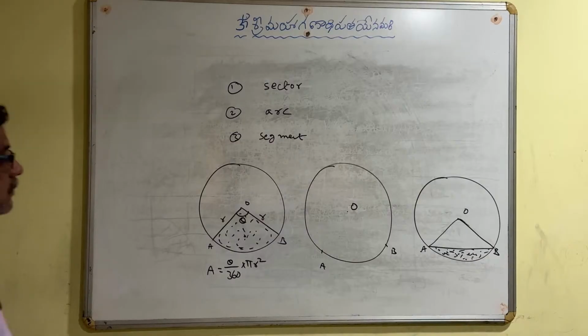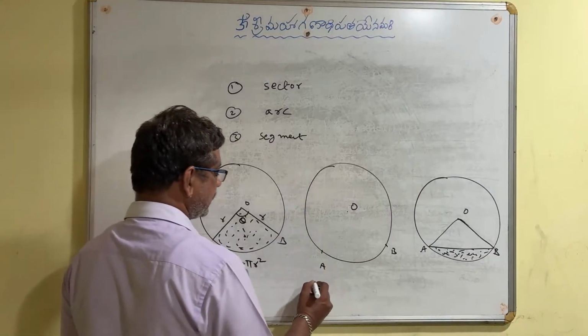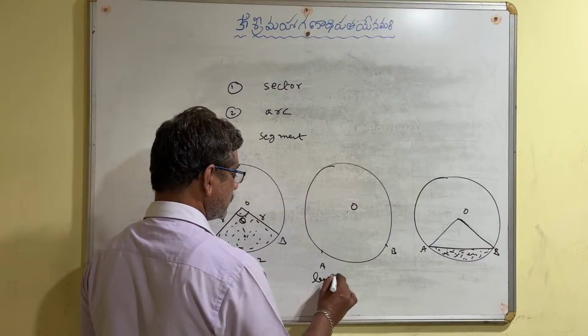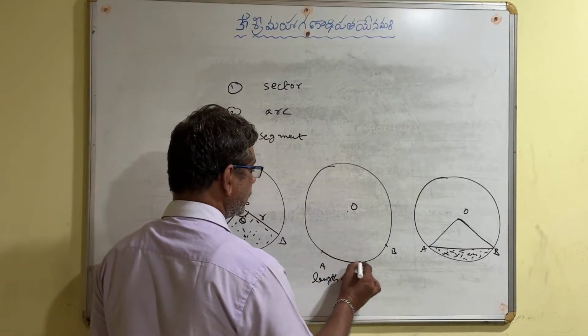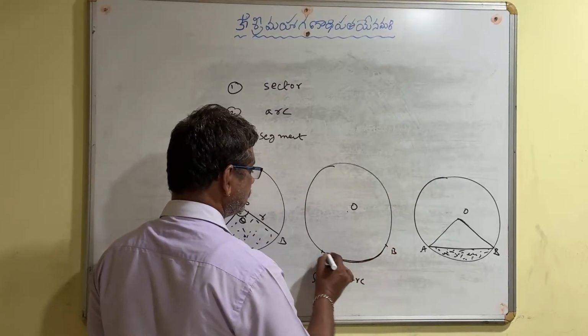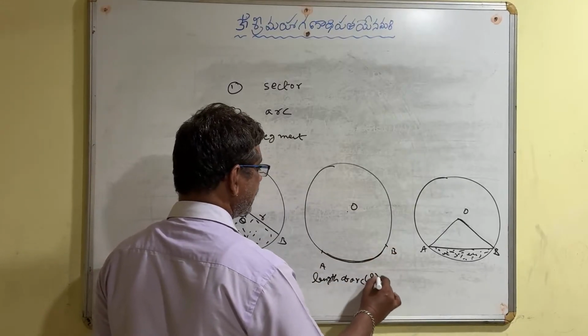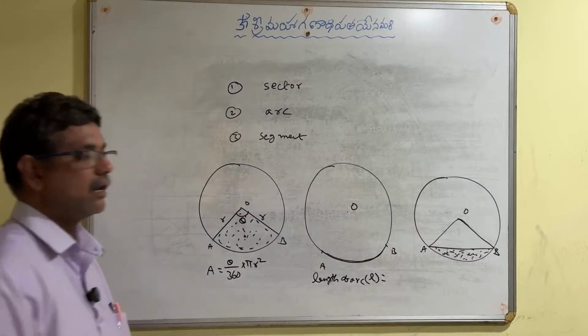Now, length of the arc means this length, which is denoted by the letter small l.